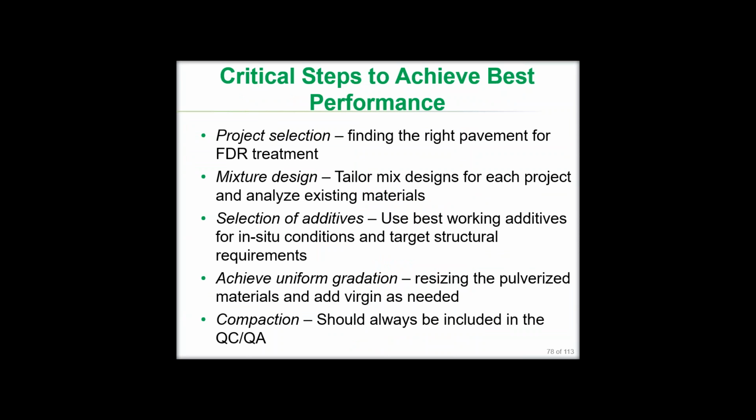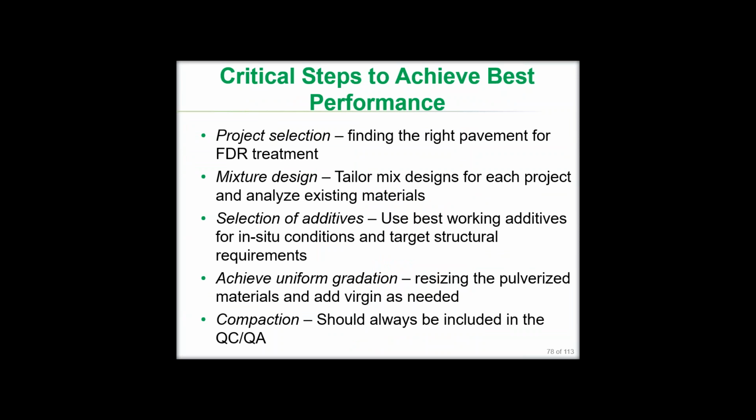And some of the critical steps to achieve best performance, which is the most critical consideration for sustainability. Some of the items for FDR start with project selection. Of course, finding the right pavement for FDR treatment is extremely critical. Mixture design is required, tailoring mix designs for each project, analyzing existing materials, and then changing according to existing conditions.